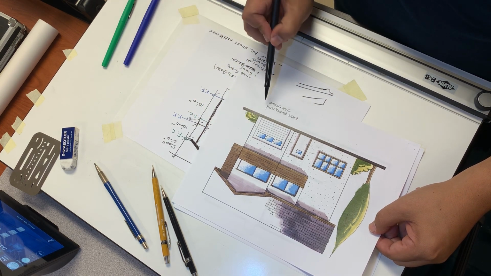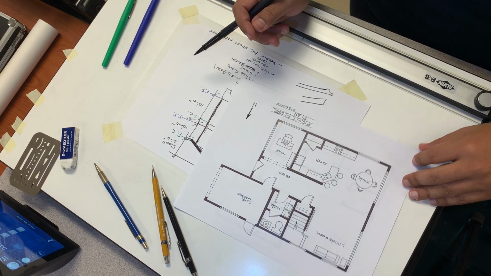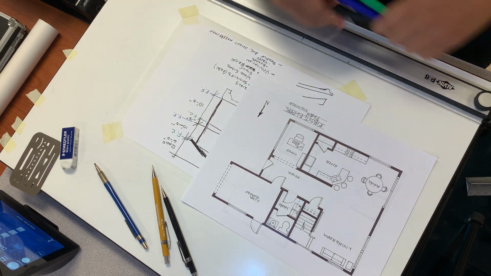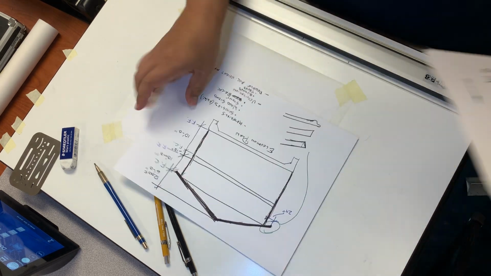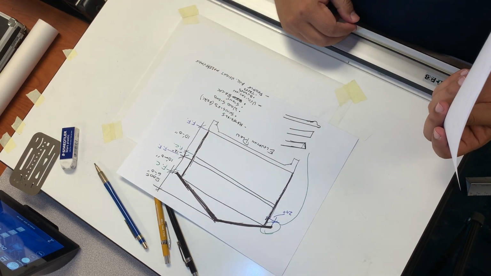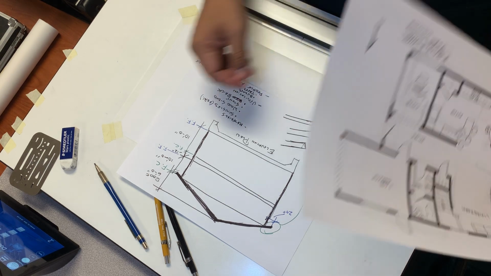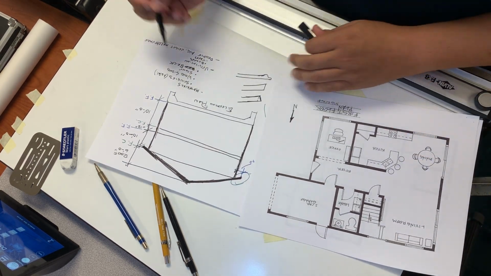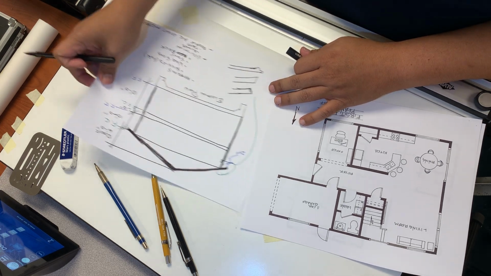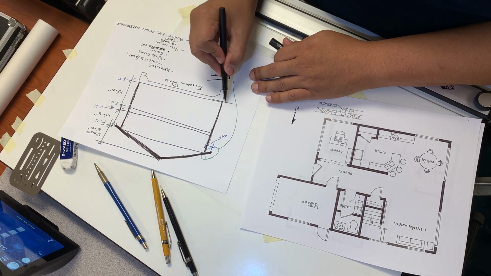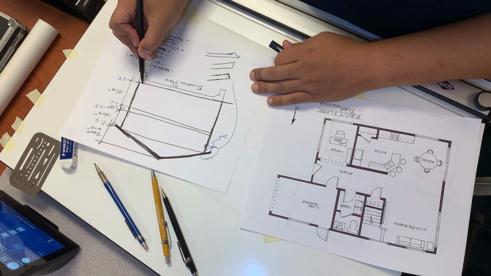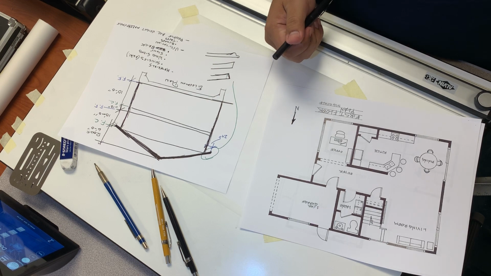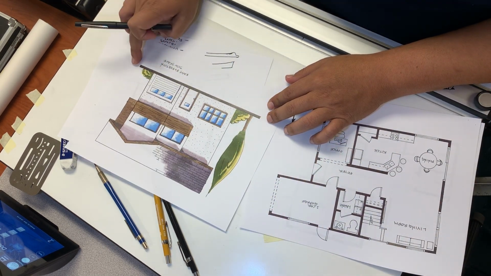Also gonna put the scale. All right, so to set this up, now that we have the information and the list of things that we need on here, one more thing. You will also need on your elevation a ground line. Your ground line is a thick line that continues all the way. In fact, I'll just show you. This is your ground line.